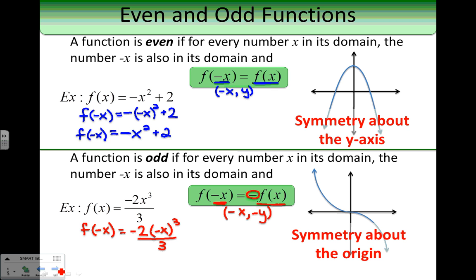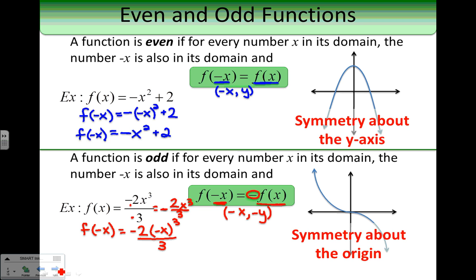Since I have negative 2 divided by 3, I have a negative divided by a positive, which can also be written as the whole fraction being negative 2x cubed over 3. So if we consider this whole fraction being negative, that means if it is an odd function, then when I plug in negative x, I should get a positive fraction.